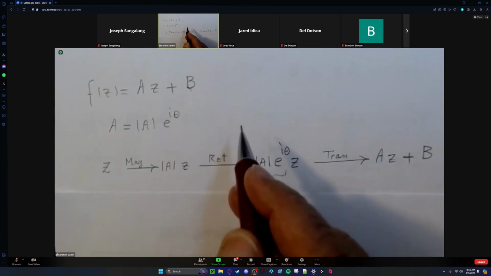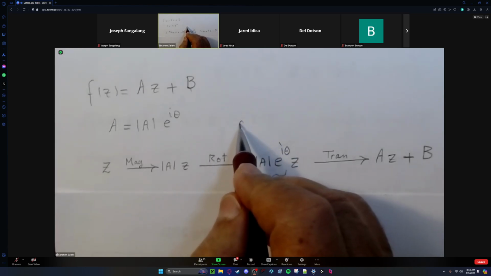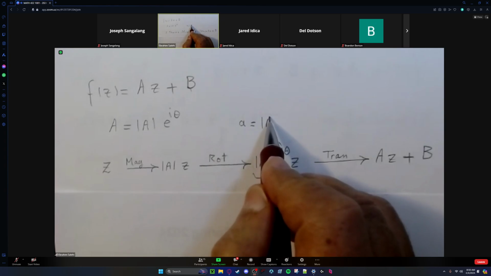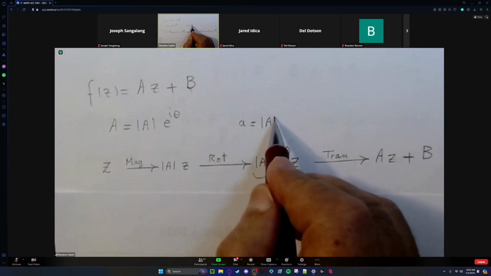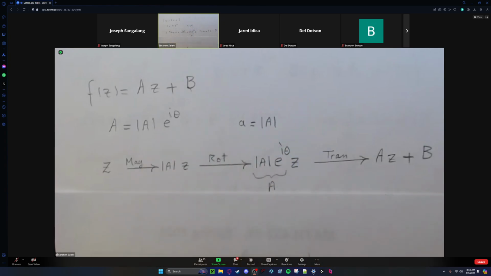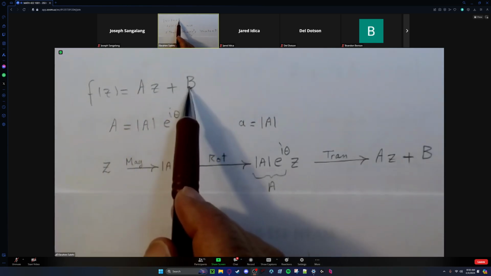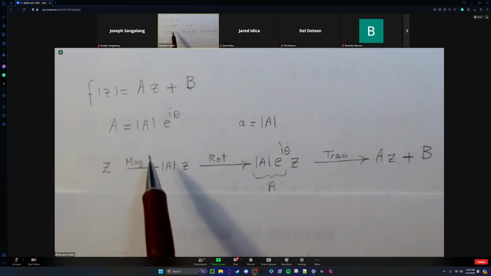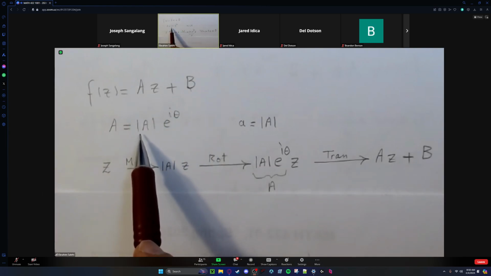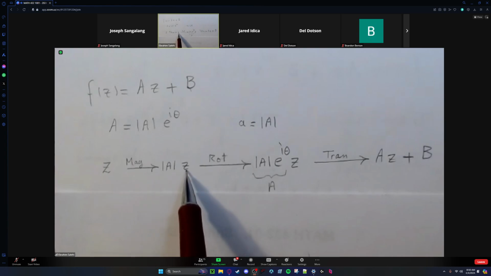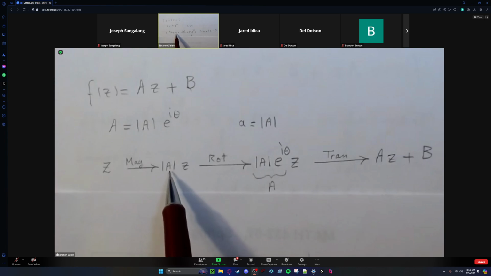Here's when I said A is modulus of A, all right, with previous notations. So when you have AZ plus B, the first thing you do, you multiply by modulus of A. This is magnification or contraction.